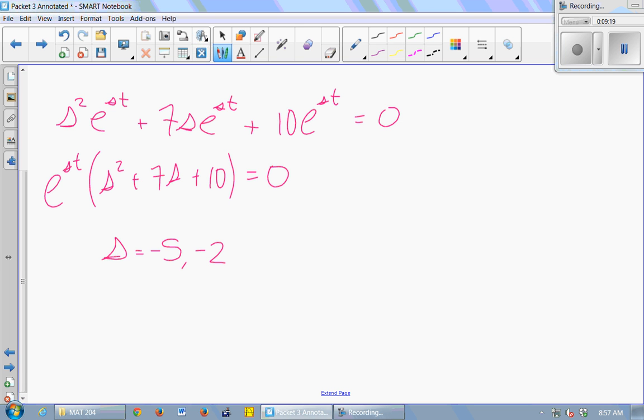So now that means we have found 2 particular solutions, right? E to the -5t and e to the -2t, because we guessed that they would have the form e to the st. I have 2 different particular solutions, so my general solution would be a linear combination of these.